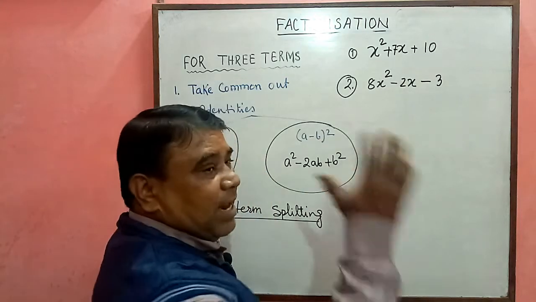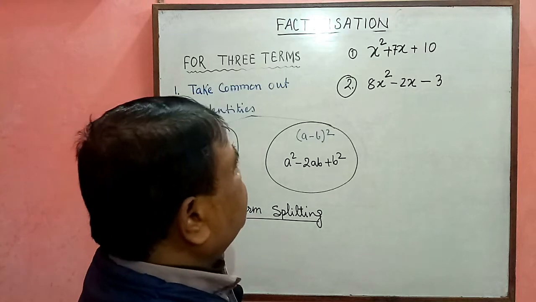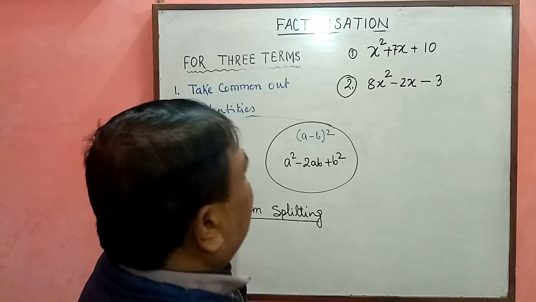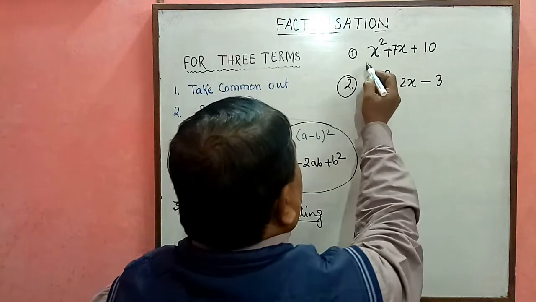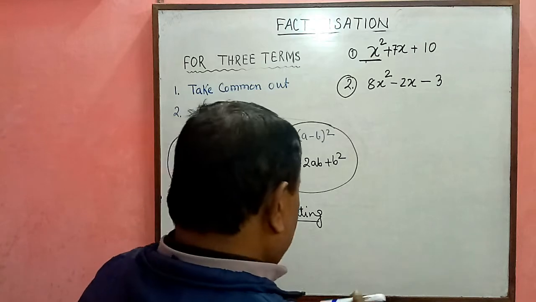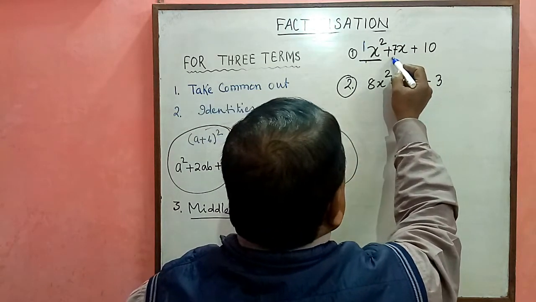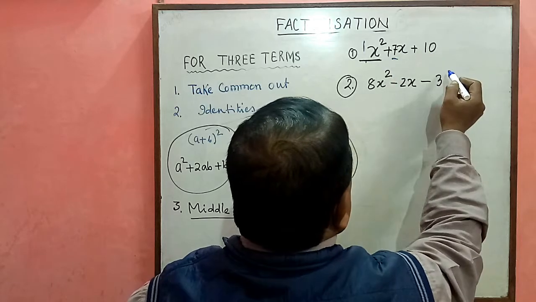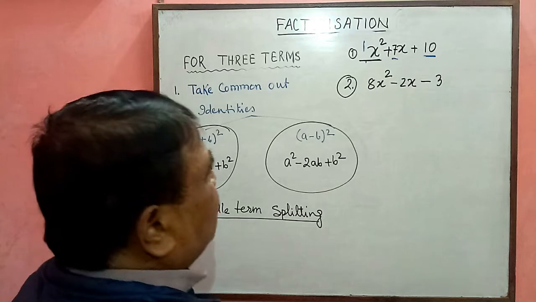First you have to arrange that way. Then you have to consider the coefficients of these terms. The coefficient of x square is 1, the coefficient of x is 7, and this is the constant term. This way we first have to arrange.